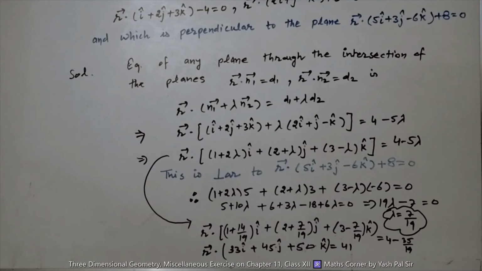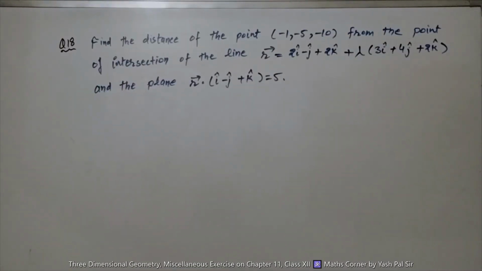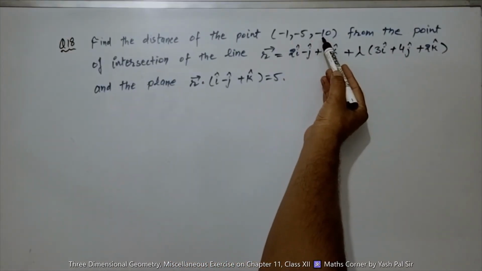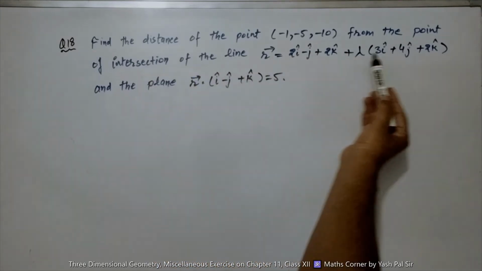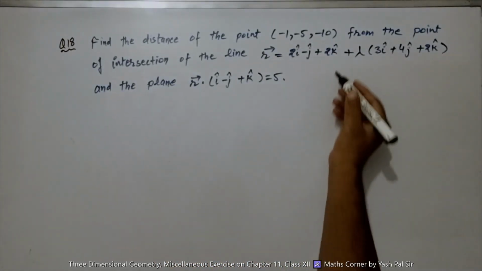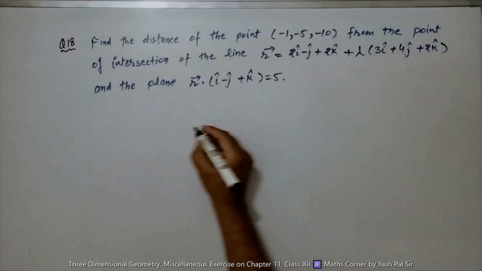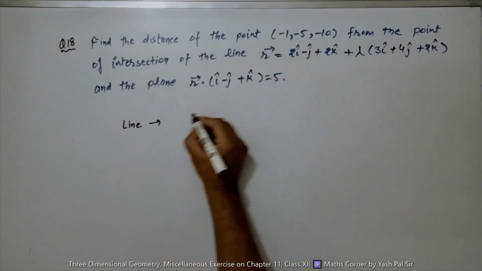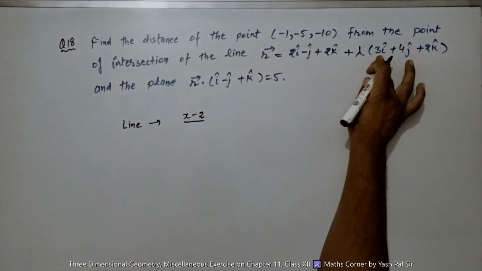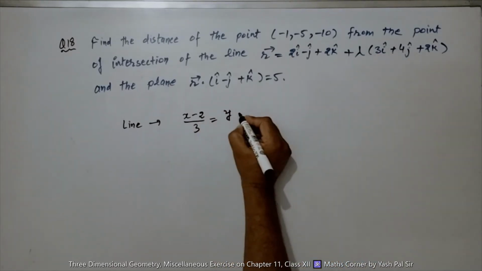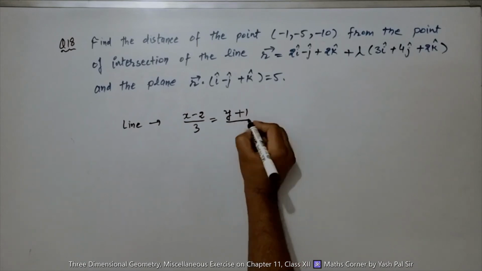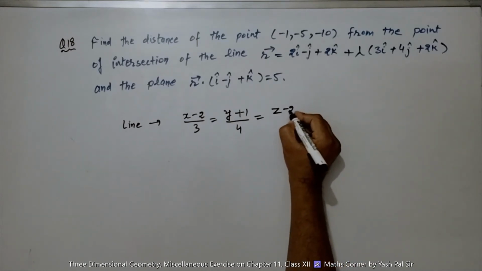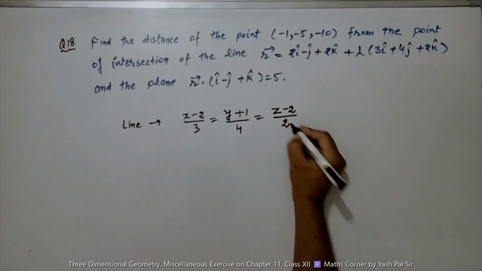Now we are coming to the next question. Our next question, number 18, is: find the distance of the point -1, -5, -10 from the point of intersection of the line and the plane. So first of all, what is the line? The given line is x minus 2 divided by 3 equal to y plus 1 upon 4 equal to z minus 2 upon 2.